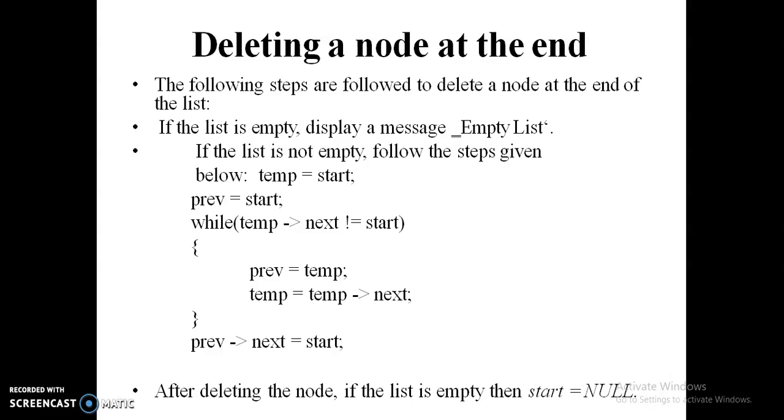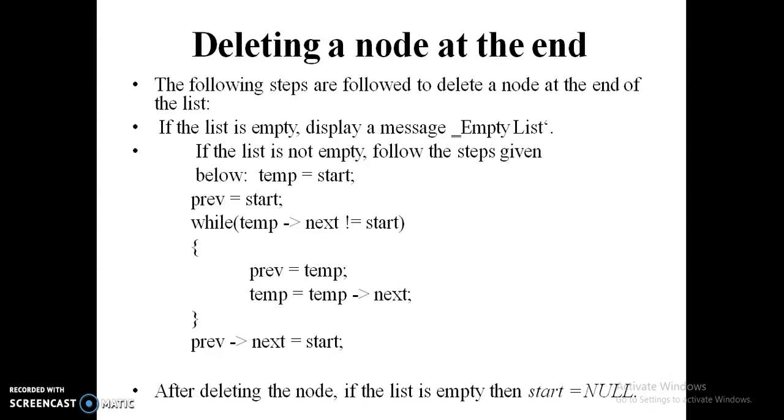In general, in a linked list we use temp of next not equals null, but here we'll use temp of next not equals start. So here we are taking previous equals temp, temp equals temp of next. Every time, whatever node is present, we assign it to the prev variable, and temp is moved to its next node. This loop repeats until temp of next equals start.